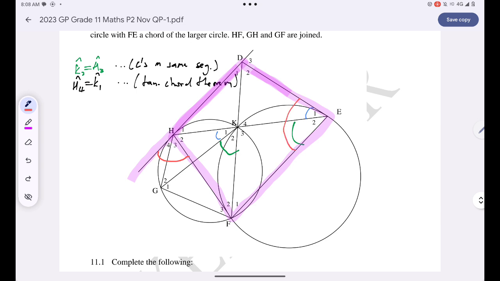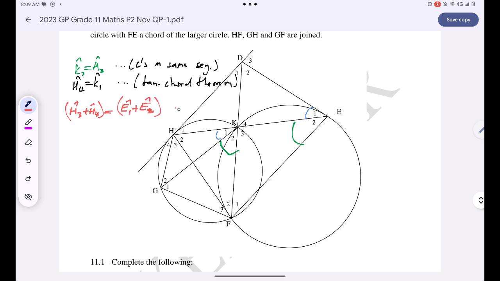Are we together? So how can you write it? You can simply say that the sum of H3 and H4 is equal to E1 and E2.